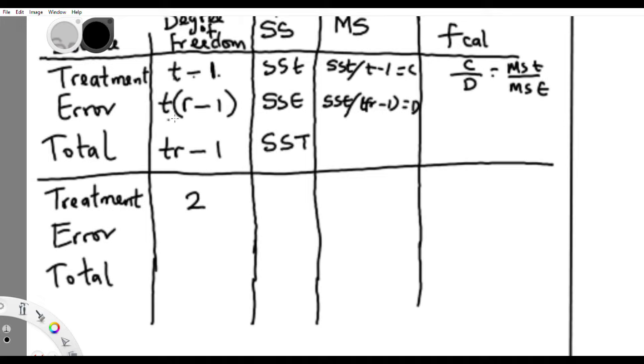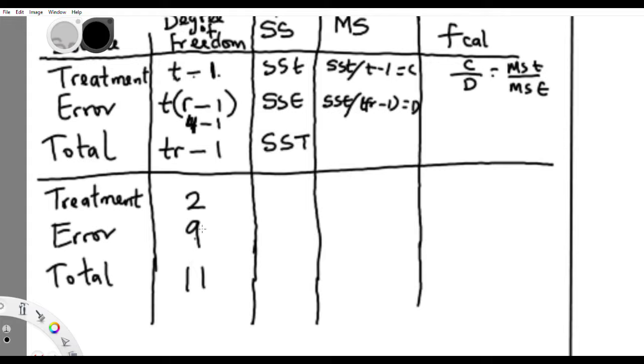Now for error, we have treatment to be 3 and we have replications to be 4. So firstly, replications minus 1, that's 4 minus 1, that's 3, and 3 times the treatment 3, that will be 9. So the degree of freedom for total will be treatment times replication, that's 3 times 4, which is 12, minus 1, 11.